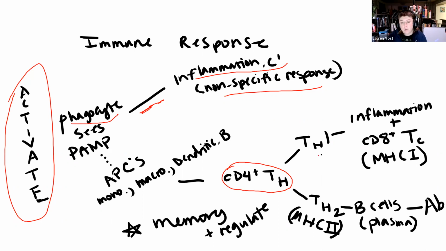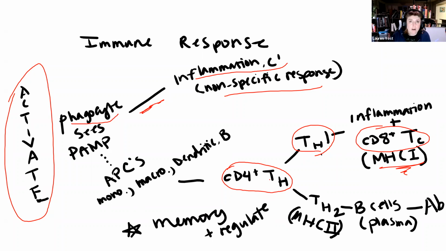That TH response will lead to development of TH1 or TH2. If it was presented on MHC1, TH1 will respond, and that's going to lead to activation of the CD8 positive T cells.